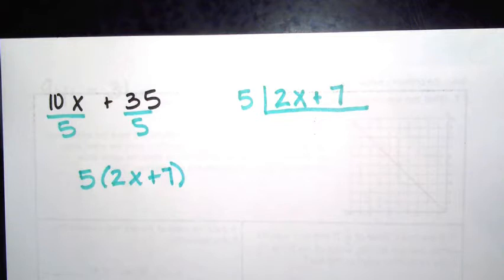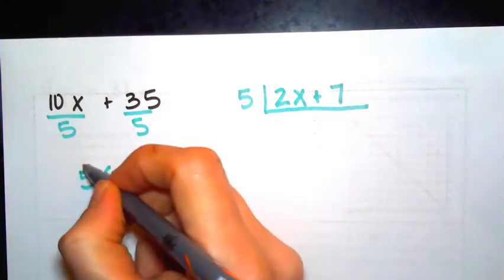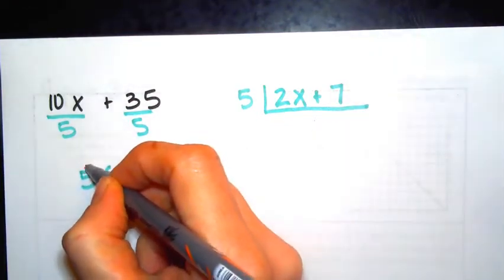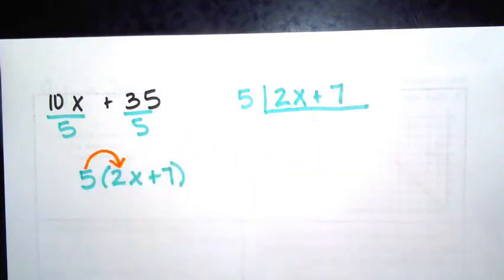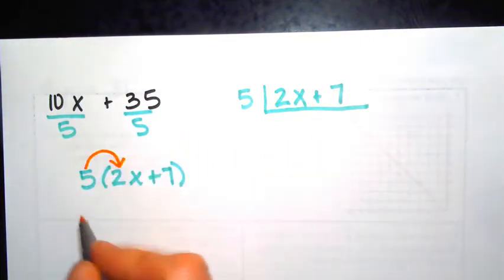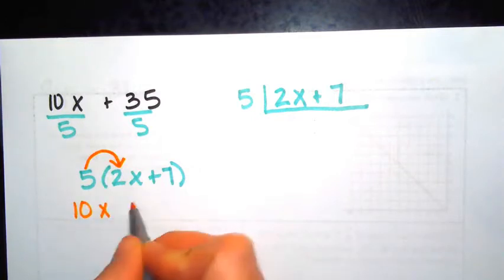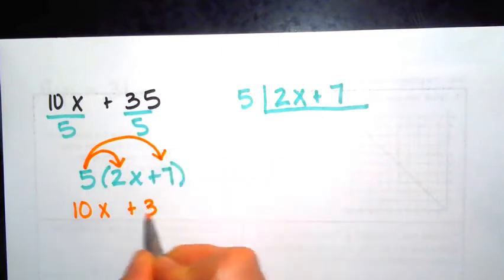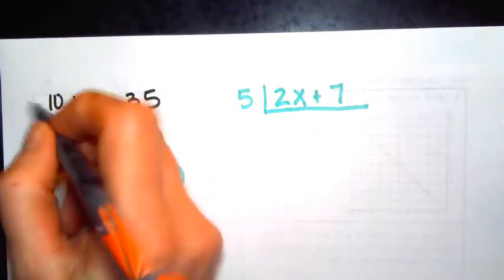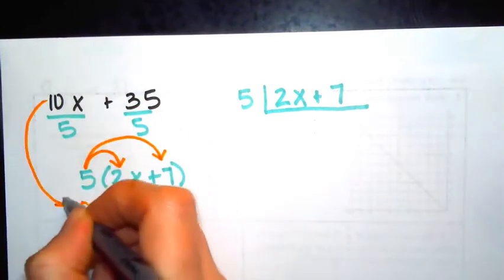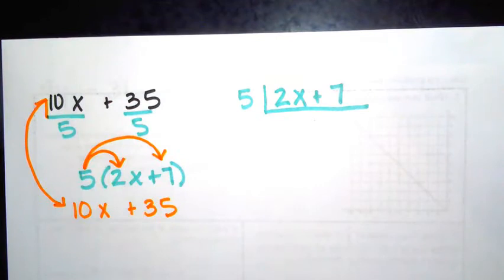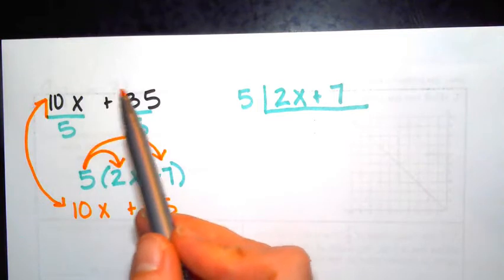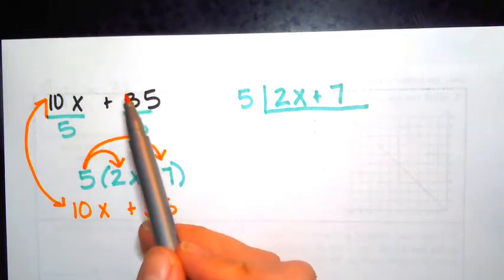Let's move back to doing the expanded form. If we do 5 times 2x, say hi, multiply, that's 10x, drop down the plus, 5 times 7, that's 35. Ha! Match! 10x plus 35, 10x plus 35, same thing. So this expression, 5 times the quantity of 2x plus 7, and this expression are equivalent.